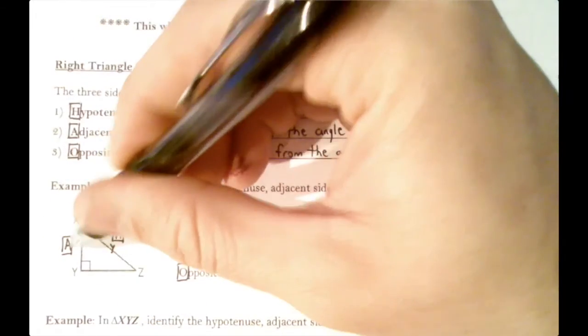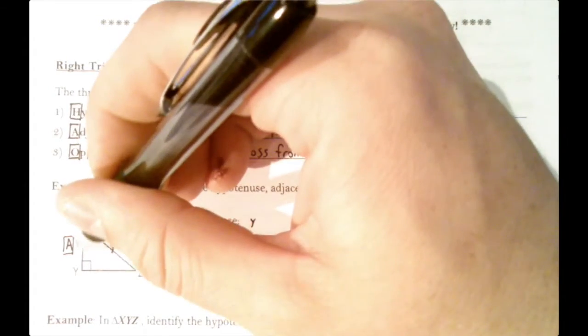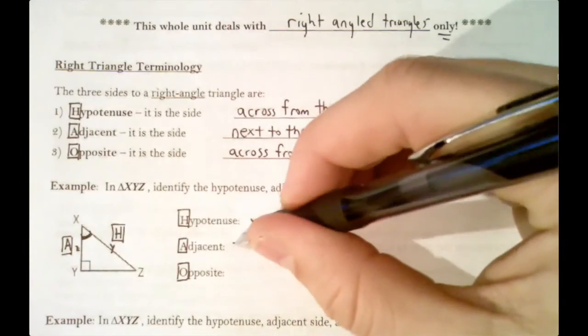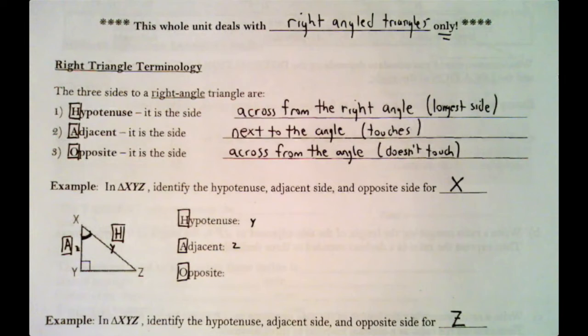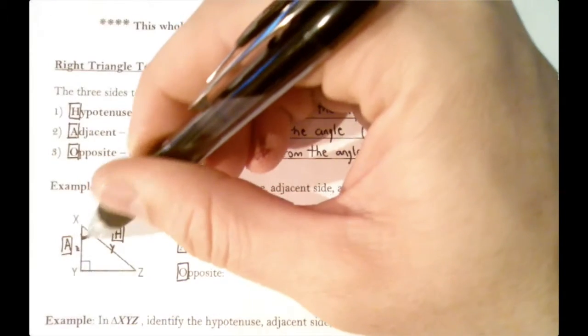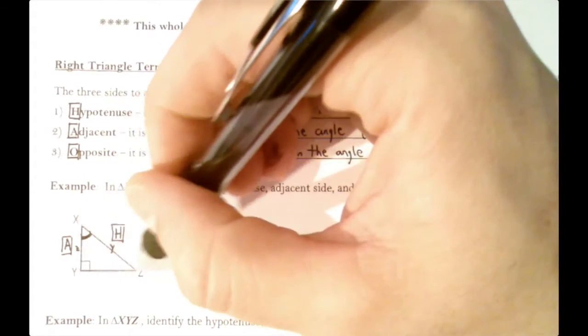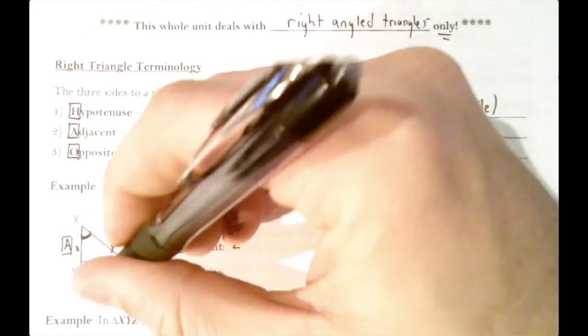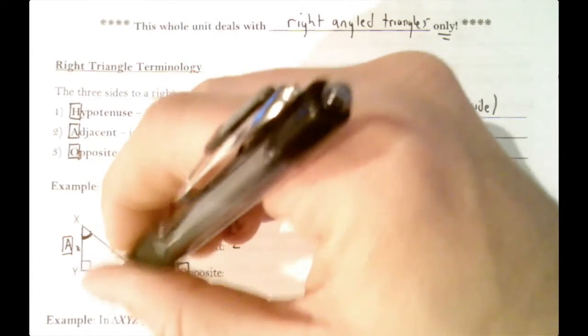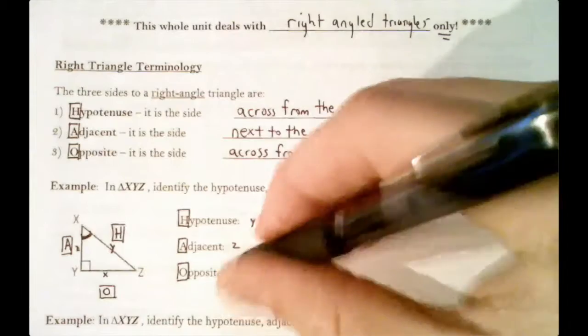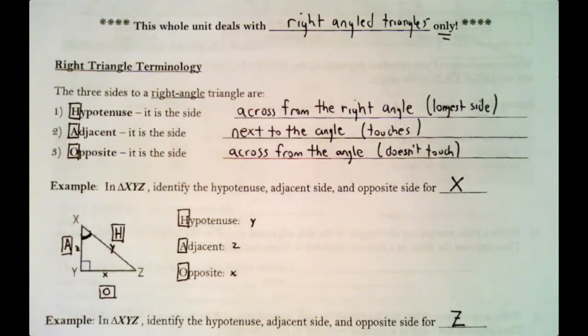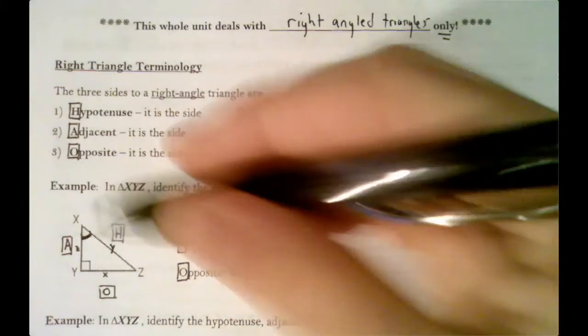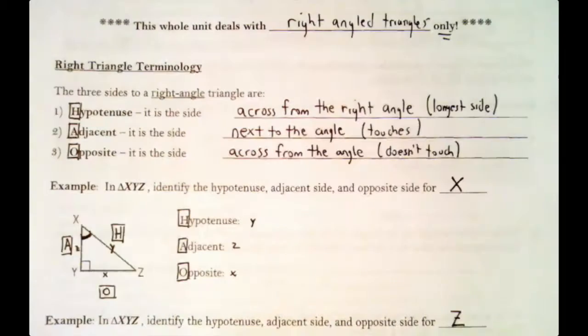And this A side is across from Z, so this is side Z. Finally, that leaves the opposite. The opposite side won't touch the angle we're talking about. If we're talking about X, this side does not touch X. So this side is our opposite, and this is side X. There we go. Hypotenuse, adjacent, and opposite.